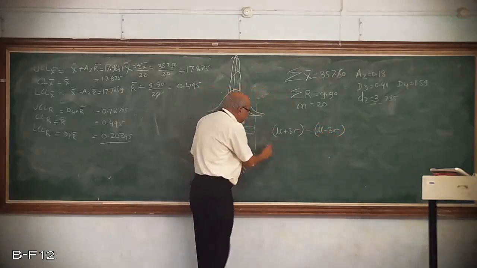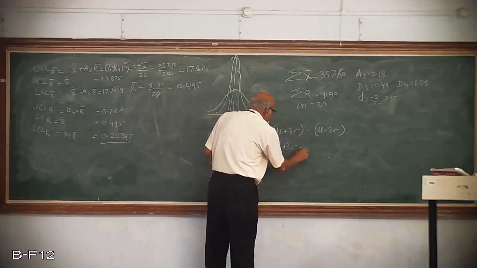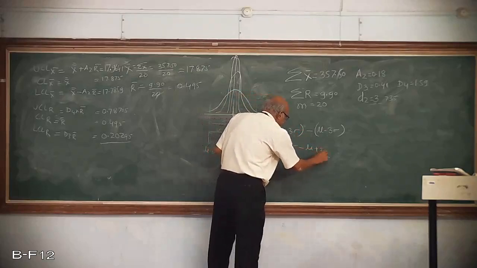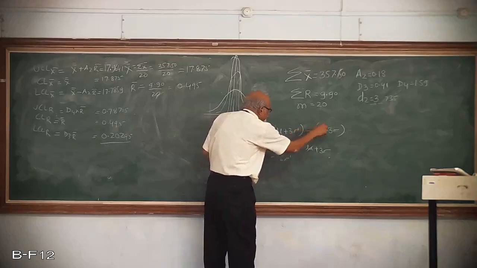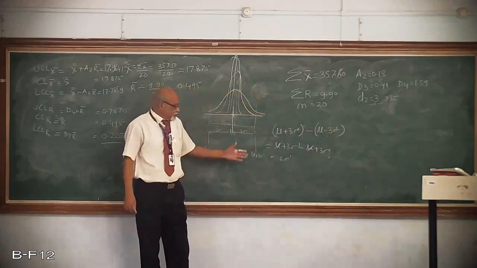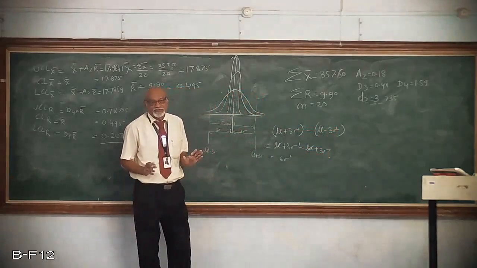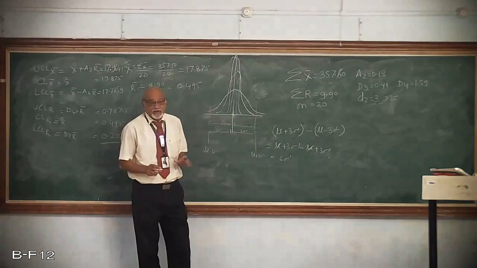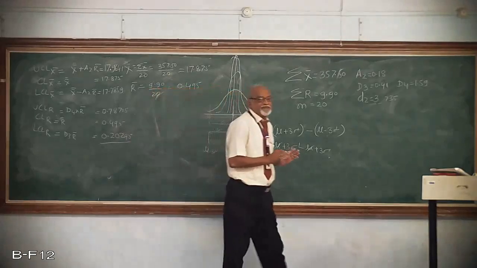If I remove the bracket, this is mu plus 3 sigma minus mu plus 3 sigma. So the mu gets cancelled, and what I am left with is 6 sigma, or I can say 6 sigma prime, whatever it is. So this spread is called the process capability. 6 sigma prime is nothing but the process capability.